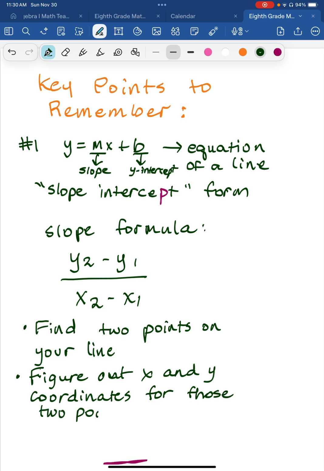So you find 2 points on your line, figure out what your x and y coordinates are for those 2 points, and then you plug them into the formula and solve for your slope. And we'll do some practice of that in just a minute, but these are just some key points to remember.